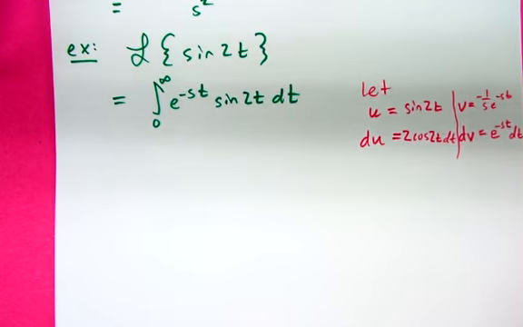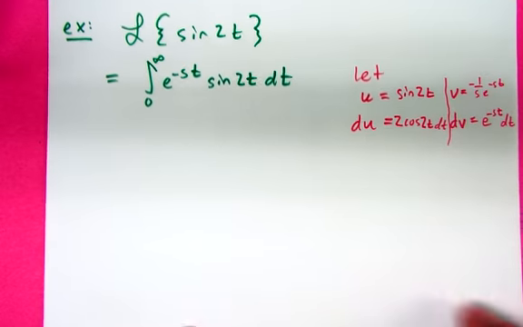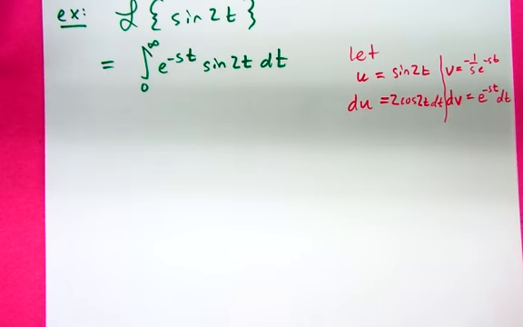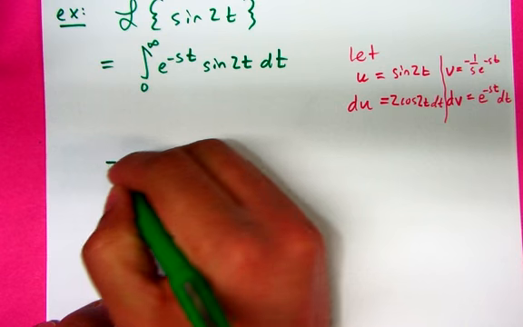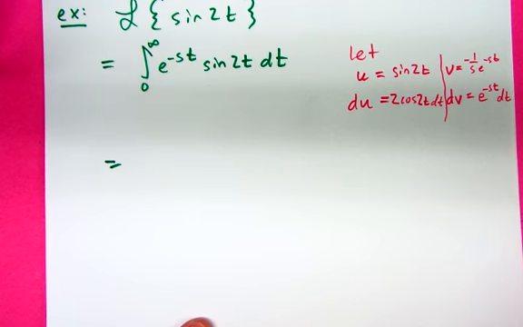And now we just plug in the formula, which says uv minus the integral of v du, right?